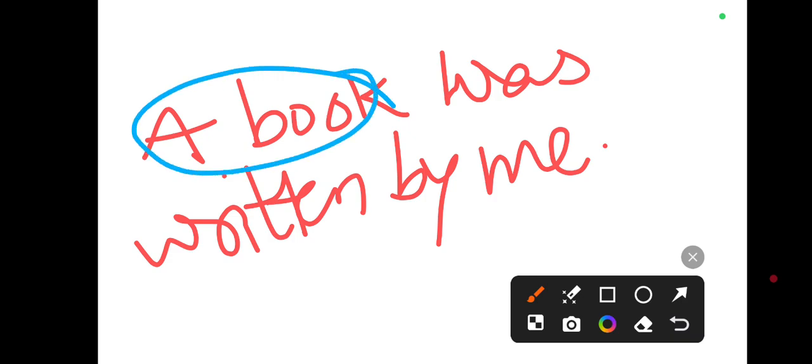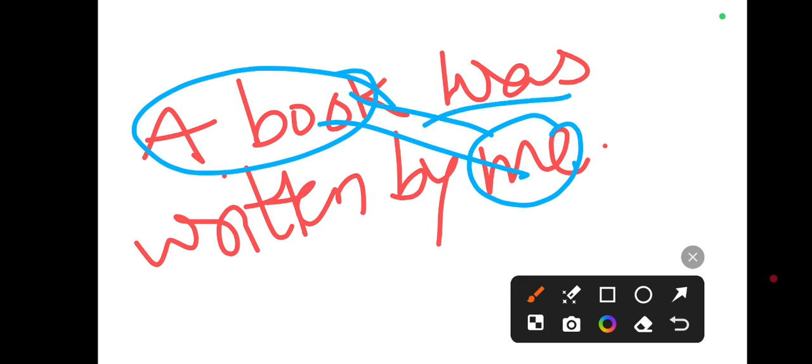We have changed it: I becomes me. And why have we taken helping verb was? Because book is singular and wrote is past. So that's was. And third form of main verb written, and then by. This is the rule.